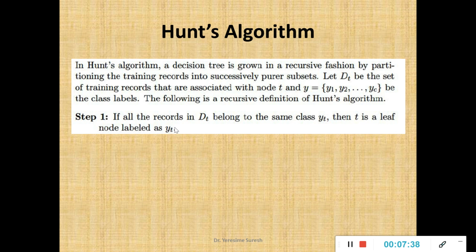That means the leaf node itself will be yes, or the leaf node itself will be no. But unfortunately, in any data set, because of the class imbalance problem, there will be either more positive instances or fewer negative instances, or an equal number of positive and negative instances. It is very rare that you will find all the instances having the same class label, yes or no. So the first step is very rarely applicable.